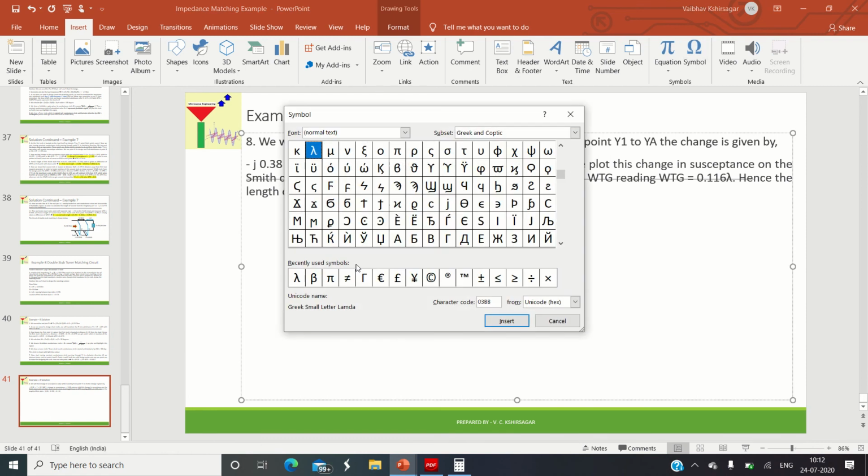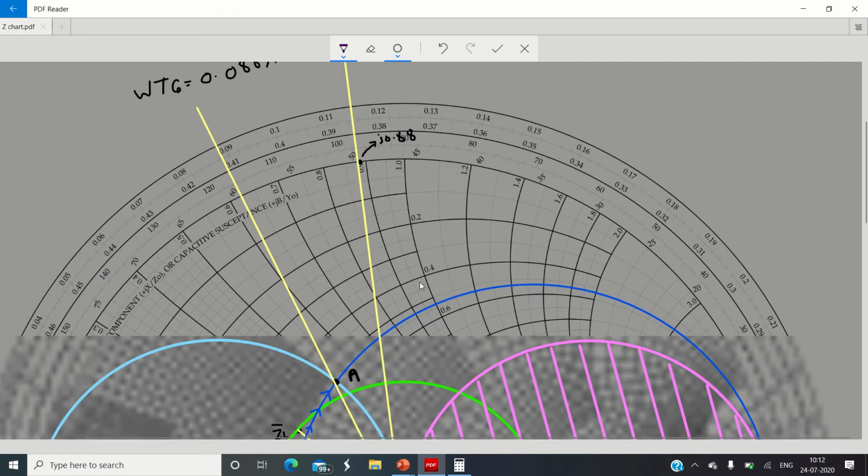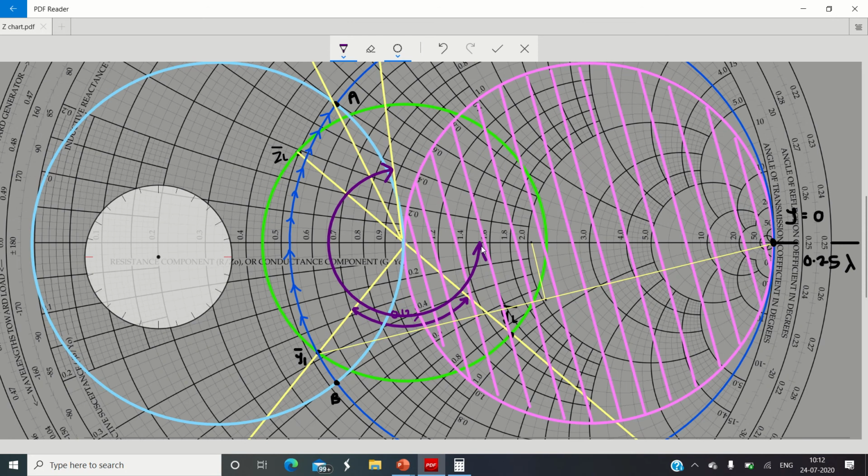I hope you understood how I took the distance calculation. Again, I will repeat. See here in the Smith chart, I want to calculate the total distance. I will indicate this as a length L1. This total distance L1 is from this particular line, which starts at 0.25, to this particular line, which horizontally is at 0.5.